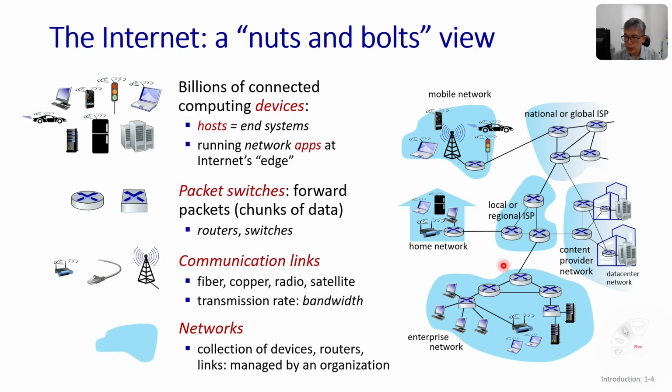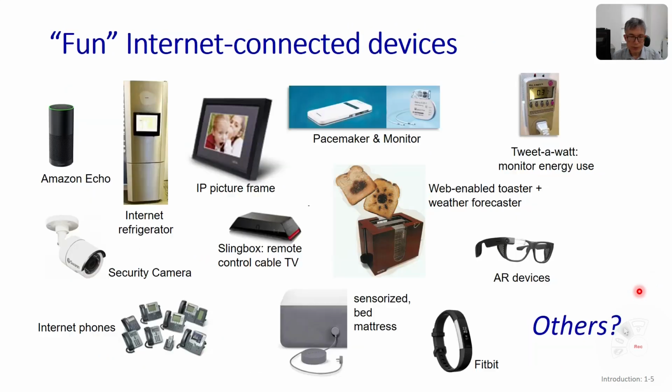In the middle we have the core network, so local or regional internet service provider networks, or national or global ISPs. Also content provider networks like Google, which run data center networks.